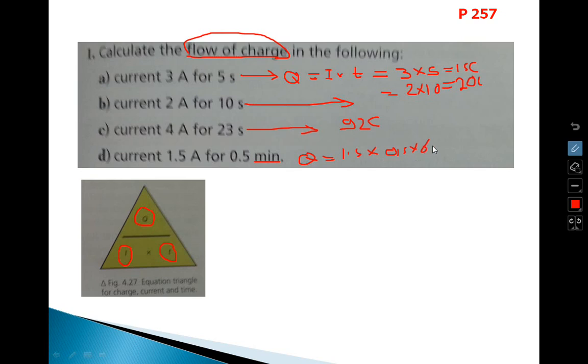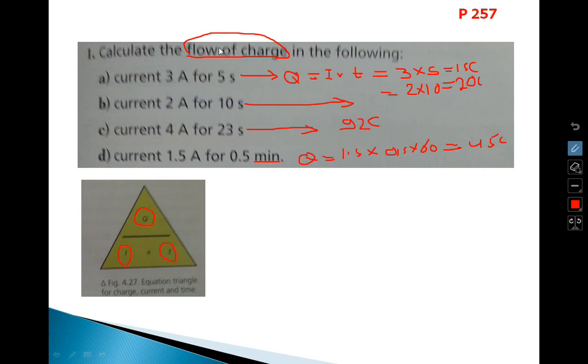We need to change from minute to second. So the final result will be 45. Yes, it's 45 coulomb. It's very easy.